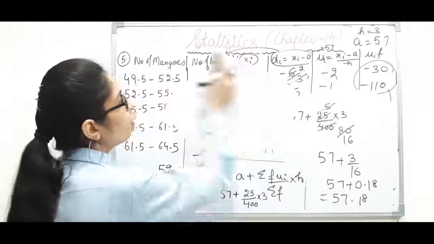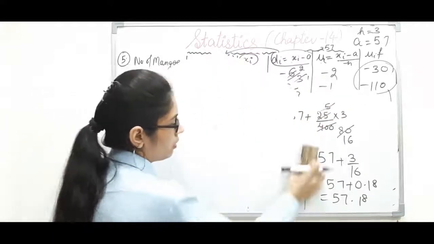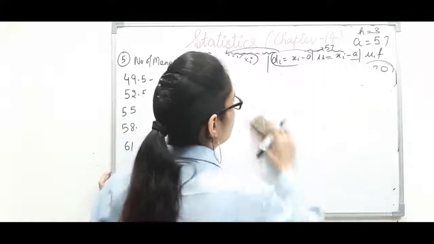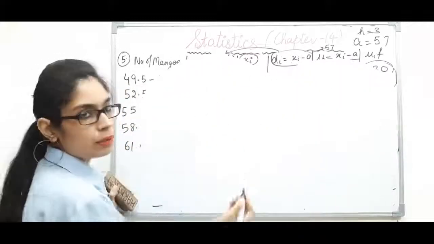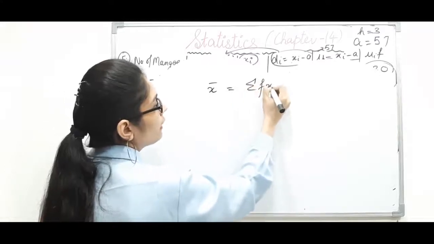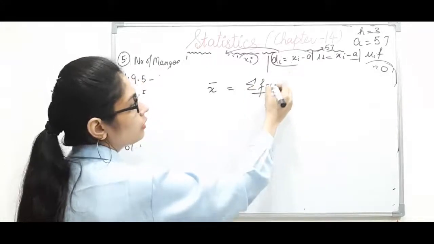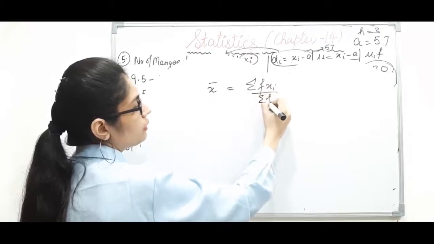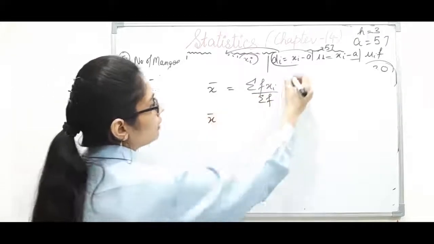So I will write the formulas again. For direct method, mean is summation fi xi, this is class mark, sorry, xi, upon summation f. So this is direct method.